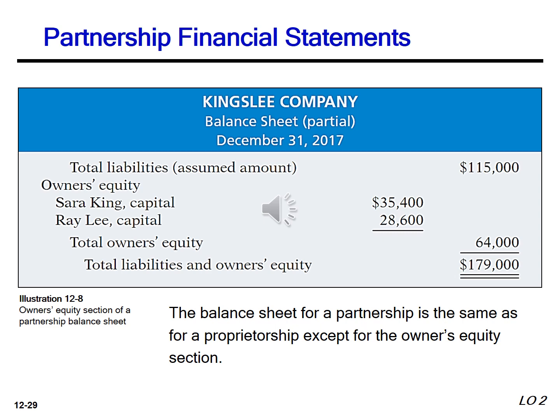As you can see in this partial balance sheet, in the owner's equity section we show Sarah King's capital, in this case 35,400, and Rayleigh's capital, 28,600, and both numbers provide us with the total owner's equity, which is 64,000.